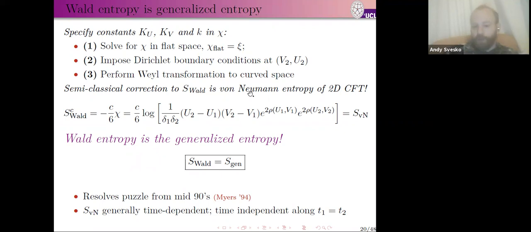With this particular solution, we can find the full von Neumann entropy. While I showed this calculation in the case of AdS spaces, it also holds in the flat space case. Also generically, since chi is time dependent, the von Neumann entropy is time dependent. But in what follows, we're going to work on a particular time slice where the von Neumann entropy is time independent.